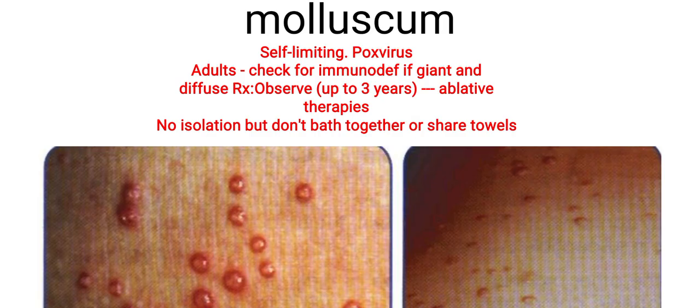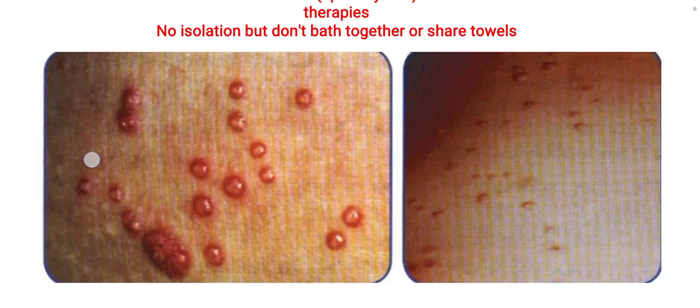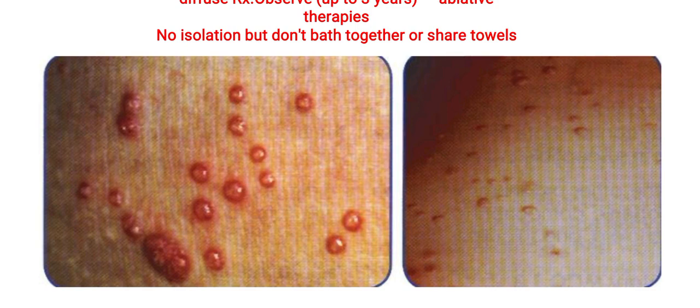It can be there for up to 2 to 3 years. Ablative therapies are also there, but commonly these lesions are self-limiting. No isolation is needed, but the patient should not take a bath with other people, and should not share the towels as well. So these are the lesions of molluscum.